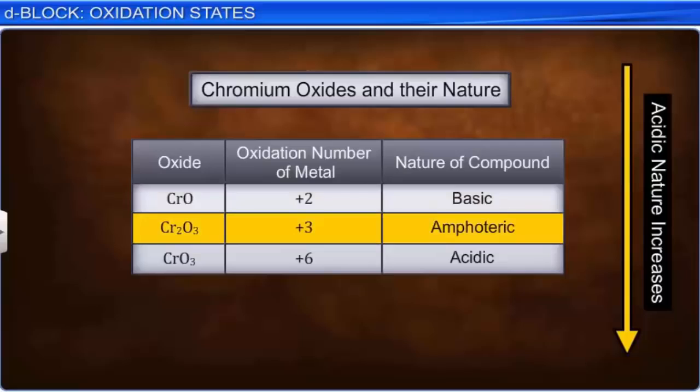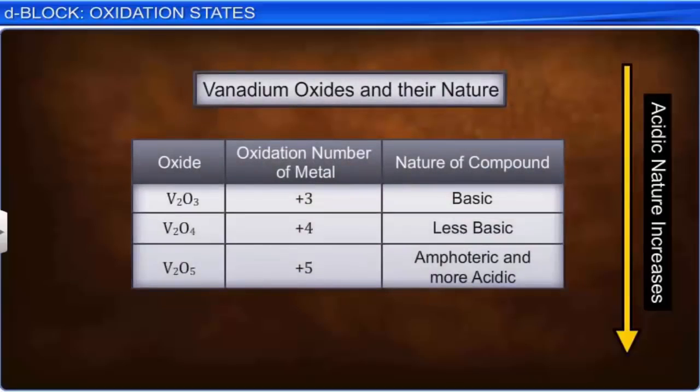A gradual change in the nature of the oxides from basic to amphoteric can be clearly seen in vanadium. Vanadium(III) oxide is basic, while vanadium(IV) oxide is less basic. On the other hand, vanadium(V) oxide is amphoteric with more acidic properties.